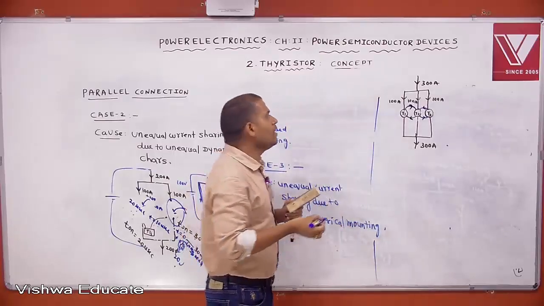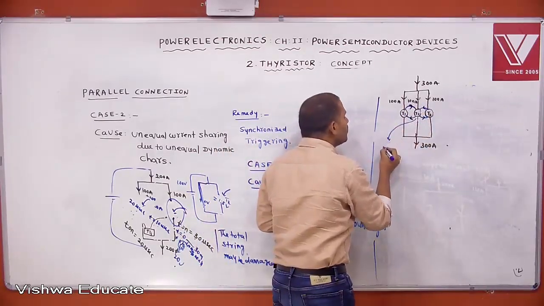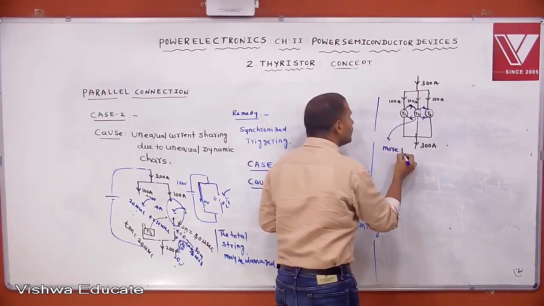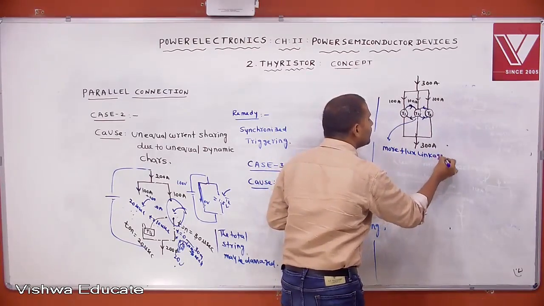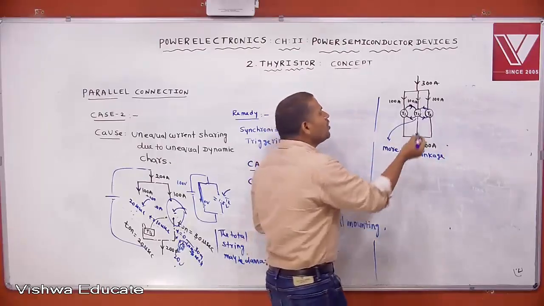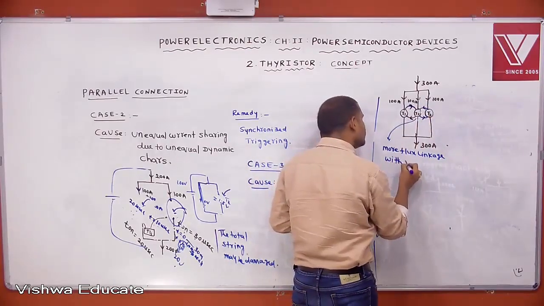Tell me, for which thyristor is there more flux linkage? The middle one. Because of more flux linkage with the middle conductor, there is more flux linkage with the middle SCR.